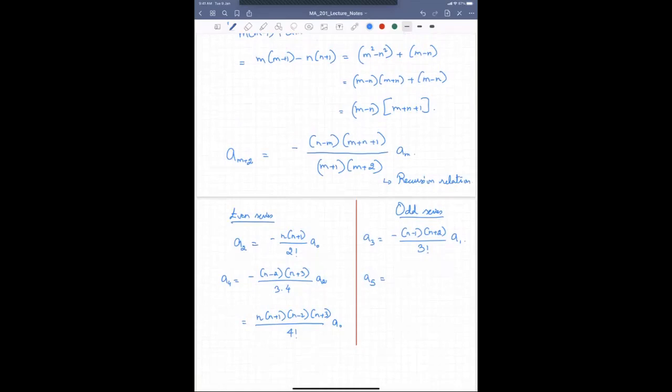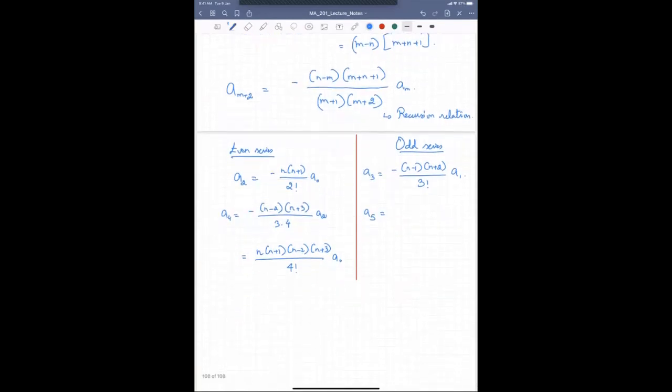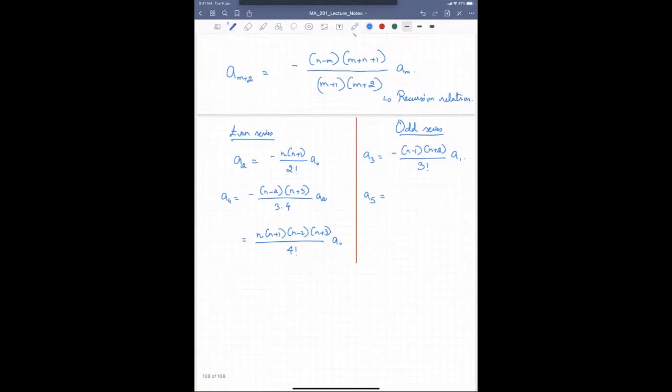Recursion relation, as I told you yesterday, is because once you generate one or two coefficients, you can generate the rest by simply using this recursive analysis. a5 would be minus of (n minus 3)(n plus 4) divided by, 3 plus 1 is 4, 3 plus 2 is 5, so 5 times 4, a3, which again would be equal to (n minus 1)(n plus 2)(n minus 3)(n plus 4) over 5 factorial, a1. Okay, you should go home and check if all these things are right.